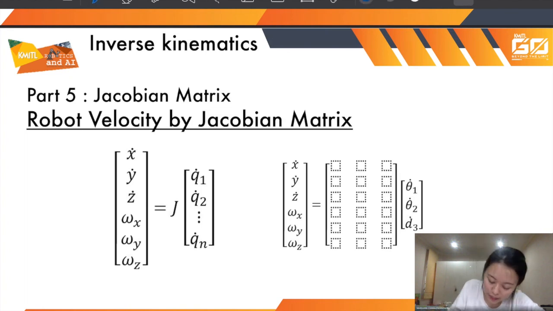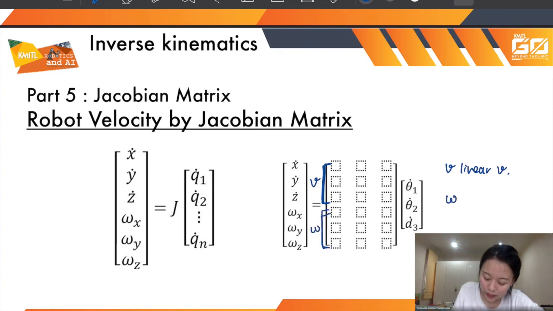You can see that it has 6 rows with 3 columns, and I will separate it into 3 because it has 3 parameters. First, the first three rows will identify the linear velocity. And the last 3 will identify the omega, or the rotational velocity.